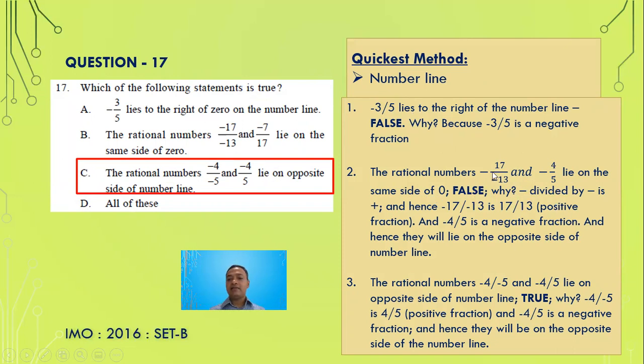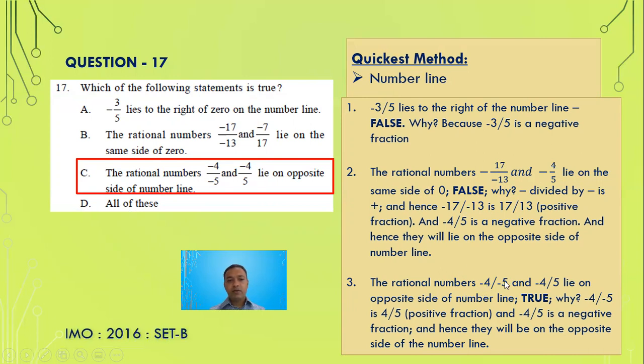Because when minus is divided by minus, it becomes plus. So -17 upon -13 will be 17 upon 13, which is a positive fraction, and -4 upon 5 is a negative fraction. So they will lie on the opposite sides of 0.